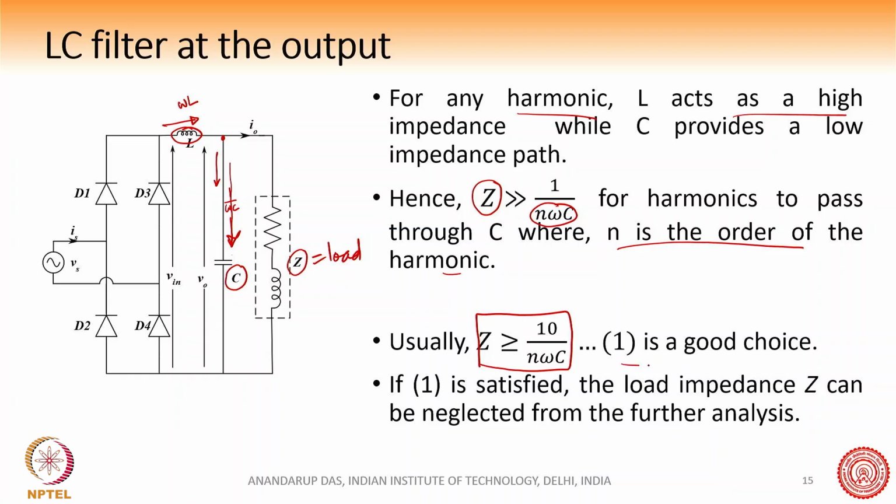So if this is satisfied, then the load impedance Z can be neglected, with further analysis which we will take up in the next slide. So this is one condition which can be used to design the values of L and C.